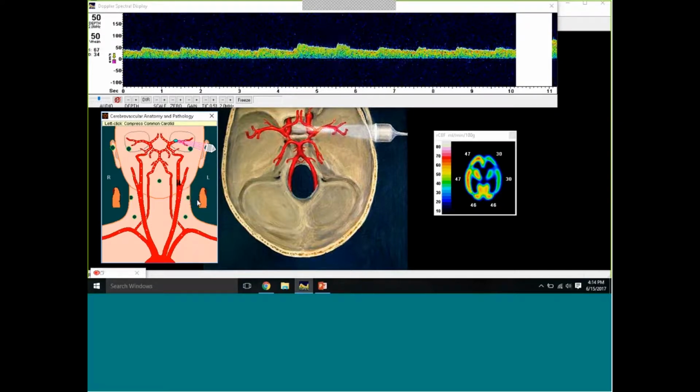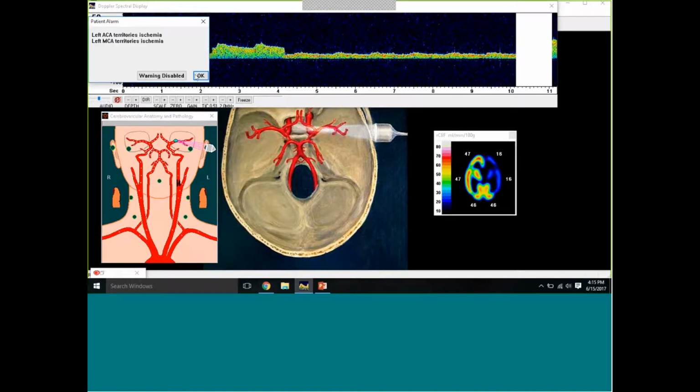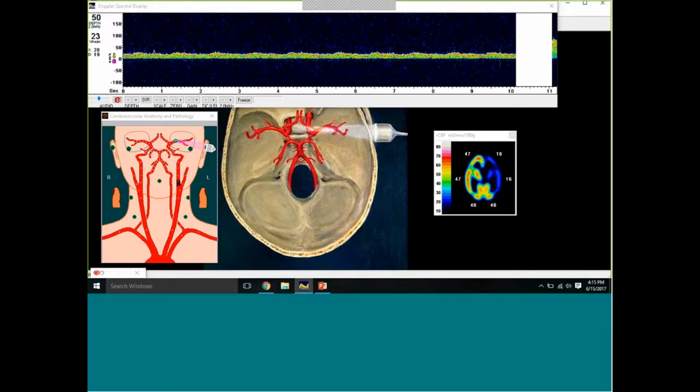All right, so let's change the scenario, and this happens in 5% of people where you have no bridges. The PCOM's missing and the ACOM's missing, excuse me. So right away we're saying, okay, we're going to have a stroke. The ophthalmic artery to external carotid artery is not able to keep up.